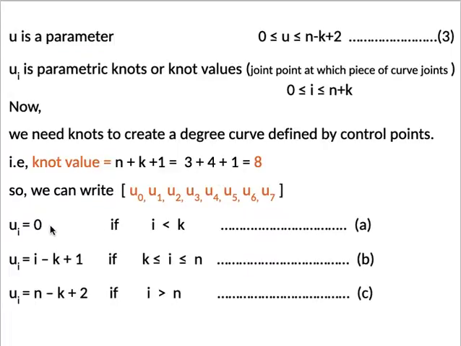Each knot value ui is 0 if i is less than k. If not, ui is i minus k plus 1 if k is less than or equal to i and i is less than or equal to n. Similarly, if both cases are not satisfied, ui is n minus k plus 2 if i is greater than n.